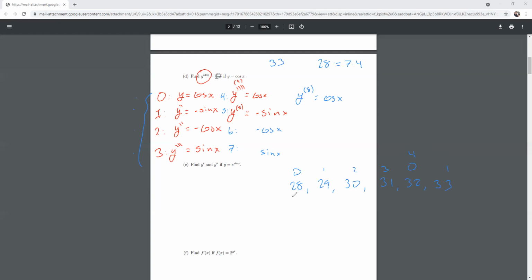What this is saying is that the y to the 28th is equal to cosine of x, because it's a multiple of 4. And then we keep counting, and we see that 32 is also a multiple of 4, so that is also cosine of x. Finally, we see that 33 lands in the one right after. Hence, our answer is that right there, negative sine of x.